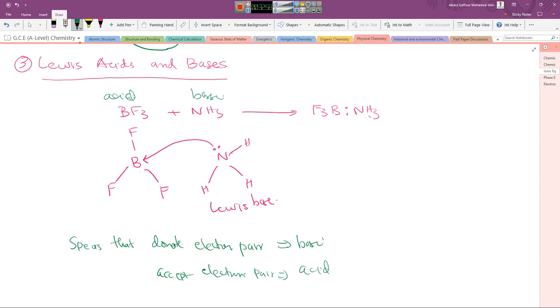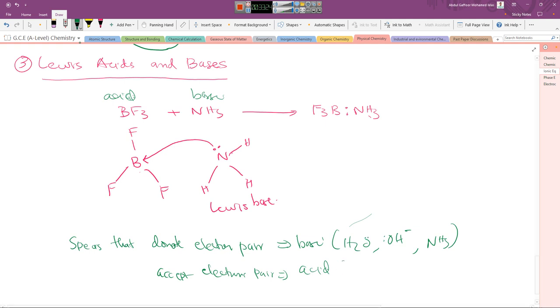And in this case water, ammonia, OH- will be called bases since they are donating electrons. So examples of electron pair donors are water, OH- and ammonia, since they have lone pairs on them.